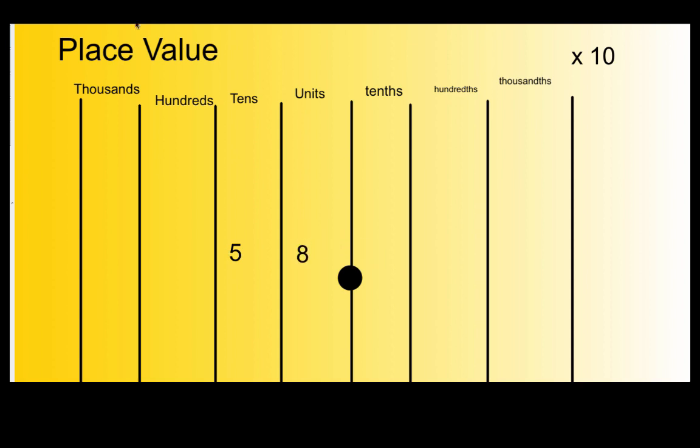I'll say that again. 5.8 times by 10, because it's got the 1 0 there, you move everything up one place up the place value chart, so it becomes 58.